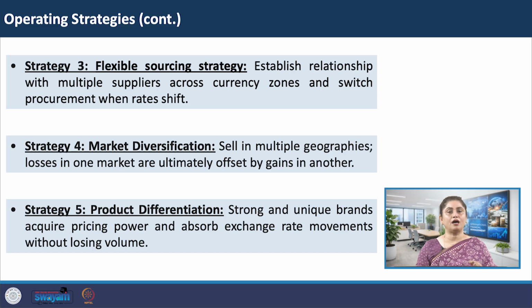These strategies are not mutually exclusive. The most resilient multinational firms deploy all five simultaneously, and they do so not as a one-time hedge but as a permanent, built-in feature of their business architecture. Let us now study each one in detail, beginning with production diversification.